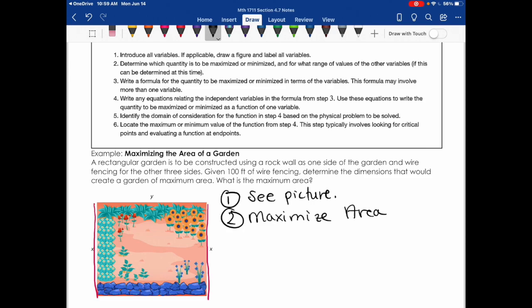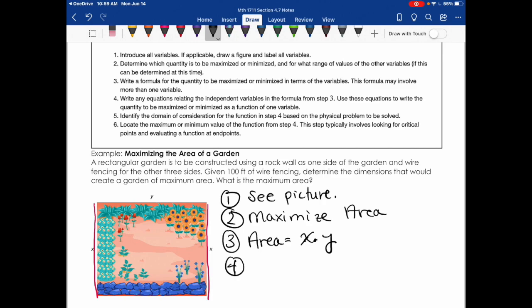Step 3 says write a formula for the quantity to be maximized or minimized in terms of the variable. This formula may involve more than one variable. So the area of this garden, since the garden is rectangular, is going to be length times width, so that's x times y. And so we have two variables here.